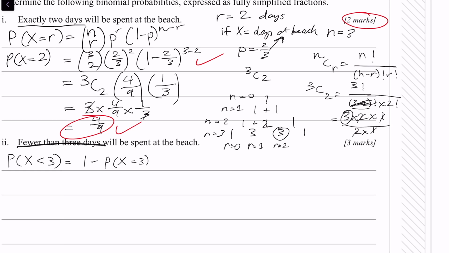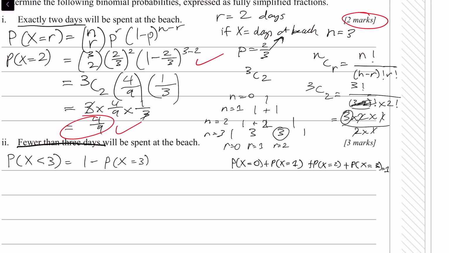Because we know that the probability that we have 0 days at the beach, 1 day at the beach, 2 days at the beach, and 3 days at the beach is equal to 1, okay?